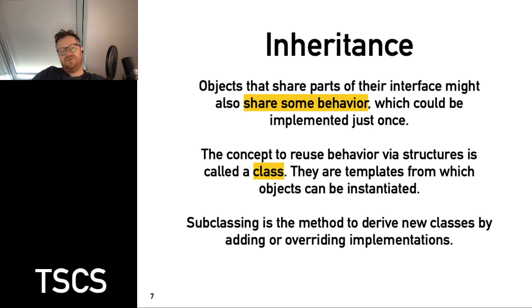And there you have the difference. I'm always getting that question: what's the difference between a type and a class? The type is basically the interface, and once you reuse behavior via structures, then you have a class. And classes are templates from which objects can be instantiated. This is also very conforming to the norm that you see in Java or languages like that.